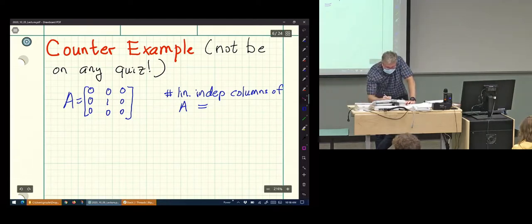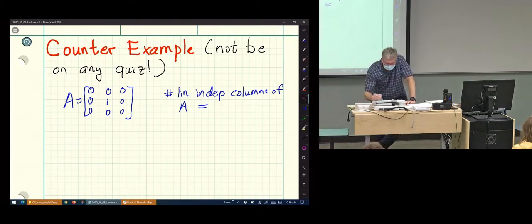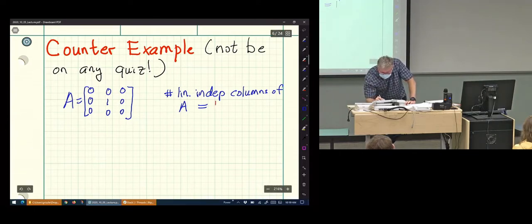Well, if you work from left to right, that's the 0 vector. You throw it away, right? Then you look at this one. That's non-zero, so that's linearly independent. And then I throw in the 0 vector. That's dependent. So I have 1 linearly independent column.